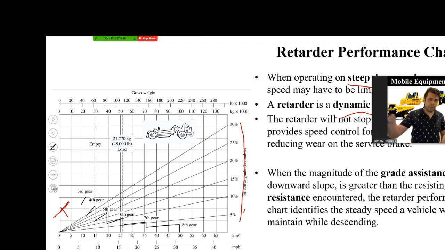You find the corresponding grade and the corresponding diagonal line, and then draw a horizontal line. So let's say it is, for example, 20%, and you have the gross weight of the vehicle. Let's say, for example, the gross weight is 80,000 pounds. So 80,000 would fall here.